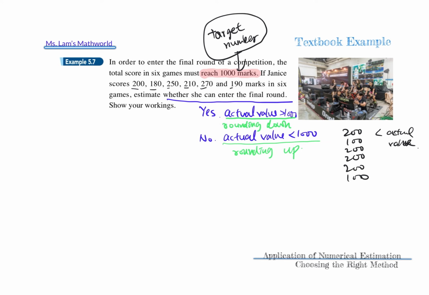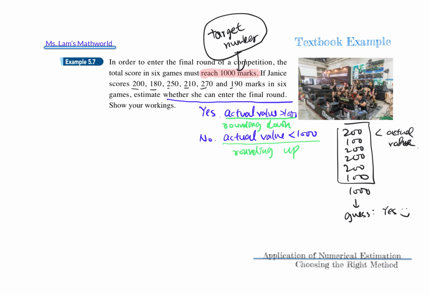When we got the less than actual value, and all these together is actually 1,000, so it should be a yes. So we make a guess. The answer should be a yes. So let's see if our guess is true.